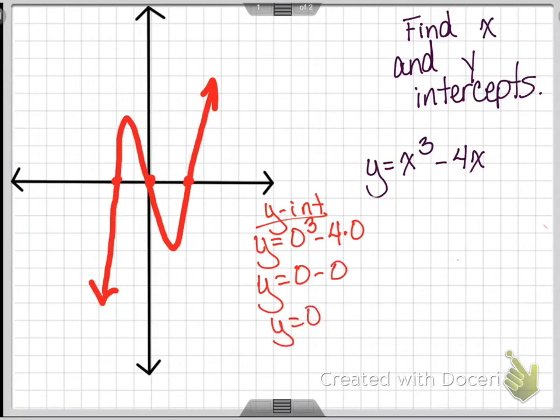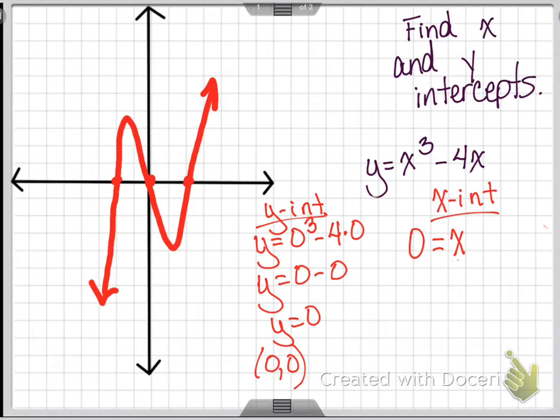So my y-intercept is 0, or the ordered pair is 0, 0. Okay? My x-intercept, we have to reach a little further into our algebraic toolbox. I'm going to plug 0 in for y.